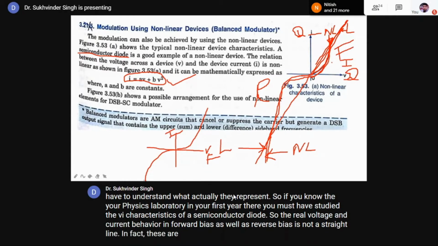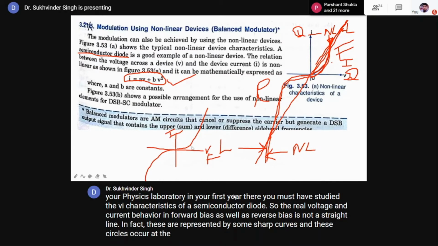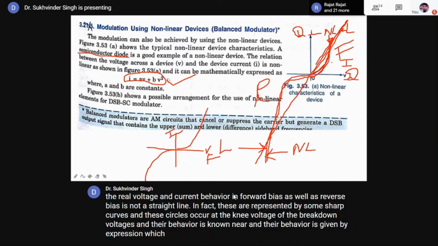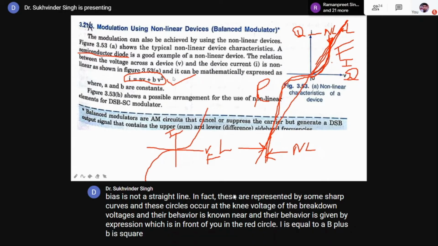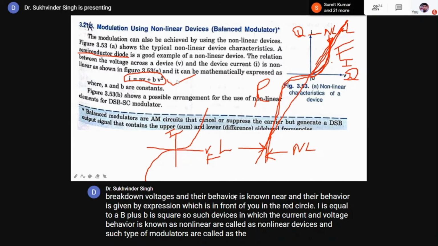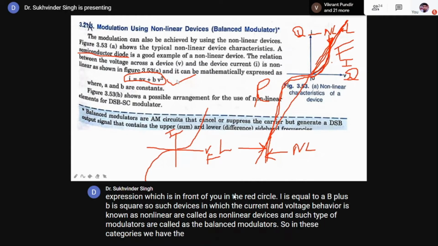In fact, these are represented by sharp curves, and these sharp curves occur at the knee voltage or the breakdown voltages, and their behavior is non-linear, given by the expression in front of you in the red circle: i = a v + b v squared. Such devices in which the current and voltage behavior is non-linear are called non-linear devices, and such types of modulators are called balanced modulators. In these categories, we have the semiconductor diode, the JFET, the BJT, etc.